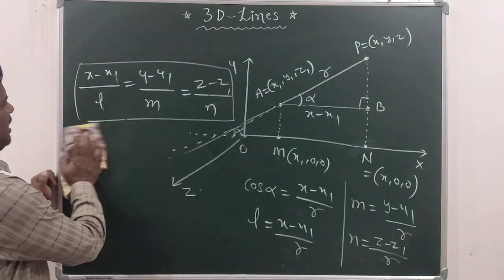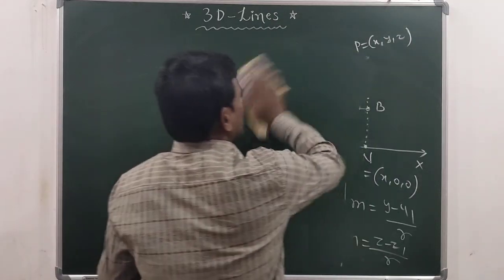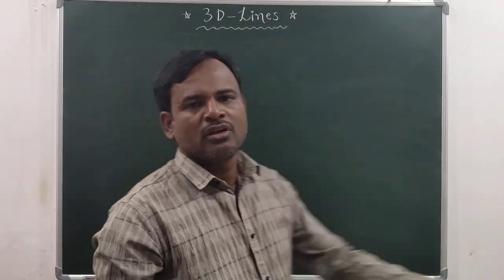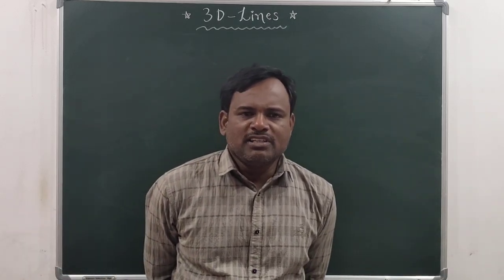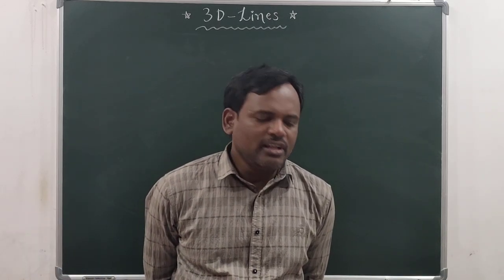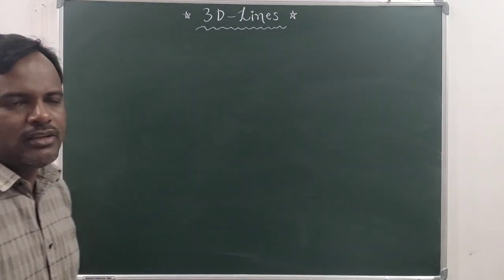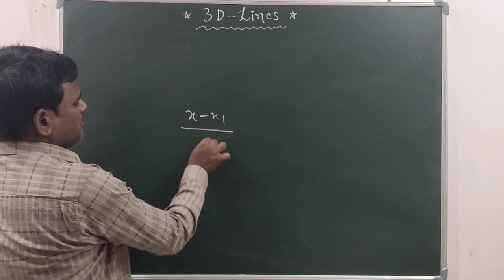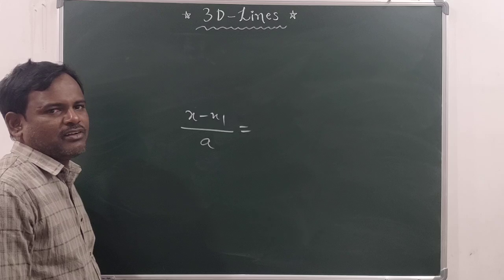Right? Next, suppose I give you 2 points on the line, then what is the equation of the line? And before that, see here, sometimes instead of DCs, direction ratios will be given.